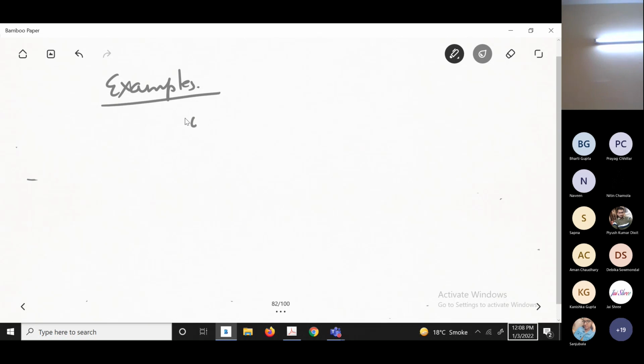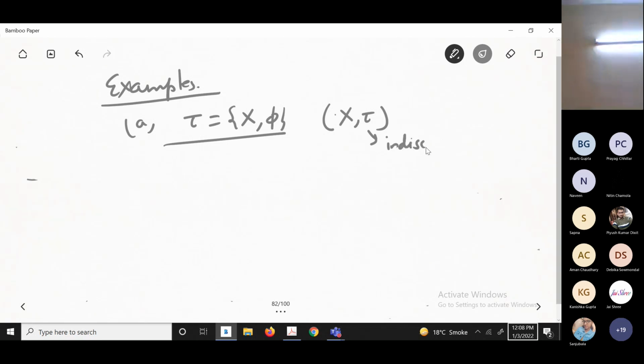So if you take just tau equal to this, it will give you a topology. Actually, this is the smallest topology. I will tell you what we mean by smallest topology. This is called indiscrete. Later on we will define discrete topology, the opposite of that, so it is the indiscrete or trivial topology.